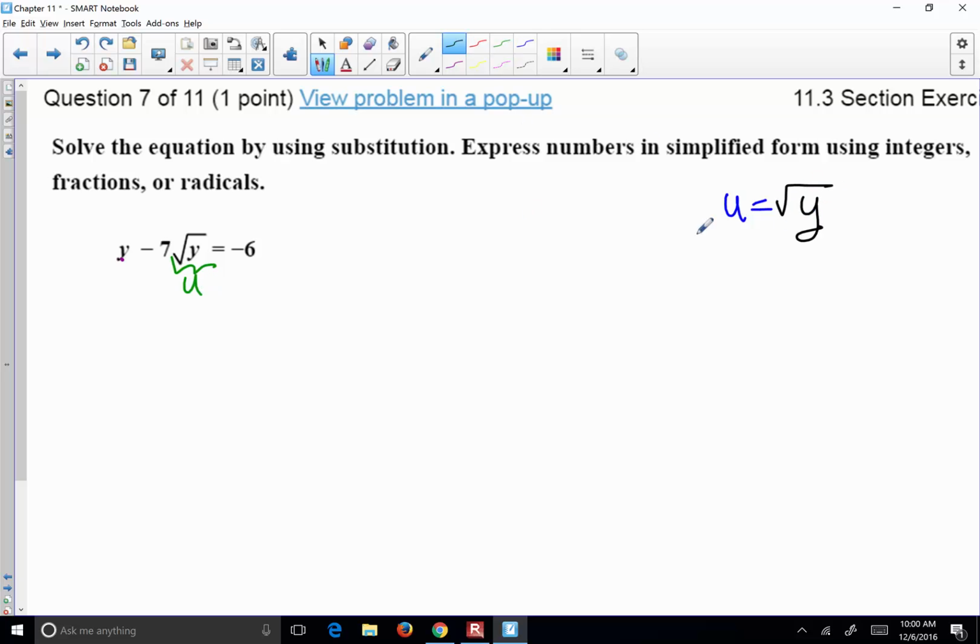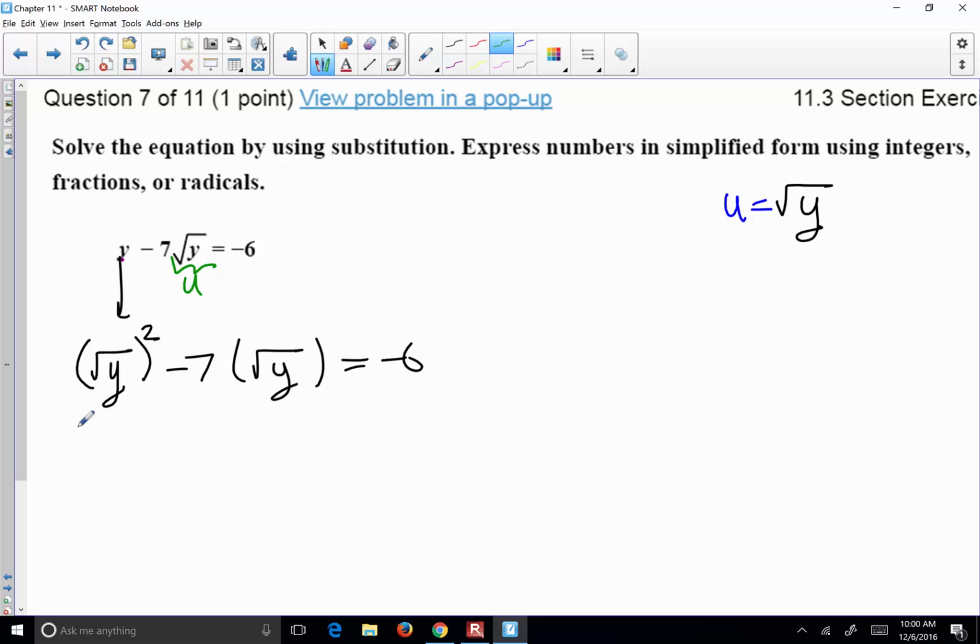So I know before even I start, u is root y here, but how? Because this y here is actually the square of root y. Because when you cancel square root and square, it turns into y. So I can make this y into square root y and then square it. And this second guy already has root y.